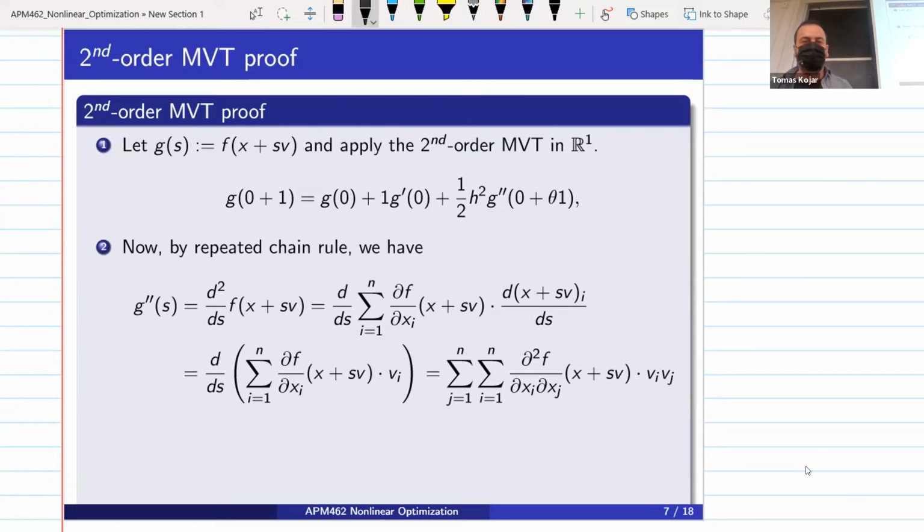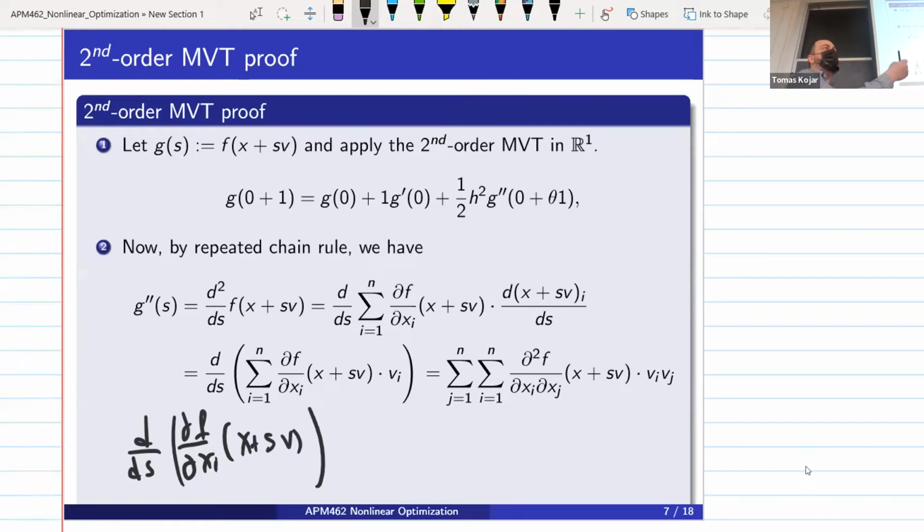Can someone tell me what happens when you take the derivative in S inside? Why do I get a different sum J? Let me explain it. You have d/dS of partial F partial Xi, evaluated at X plus SV. But this is a function in itself that takes a vector to R. So you have to apply the total derivative to this.